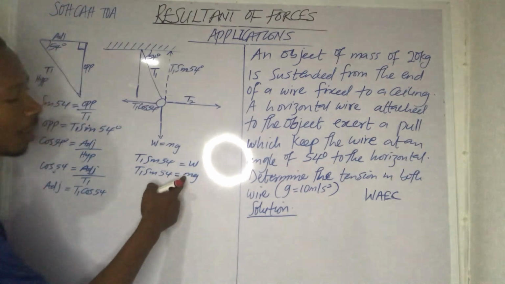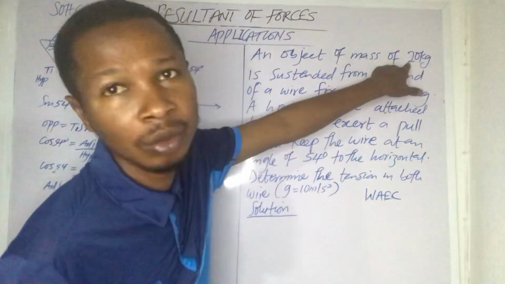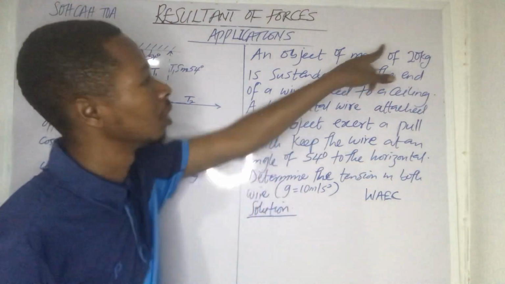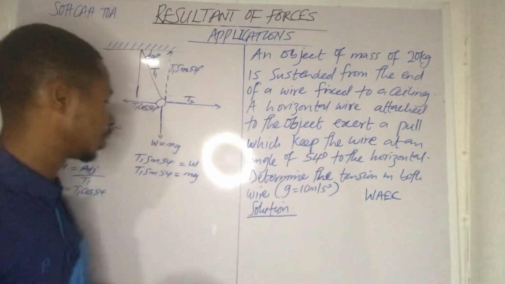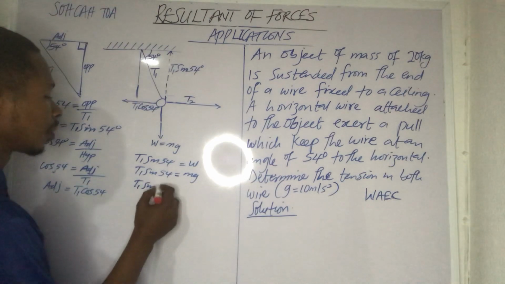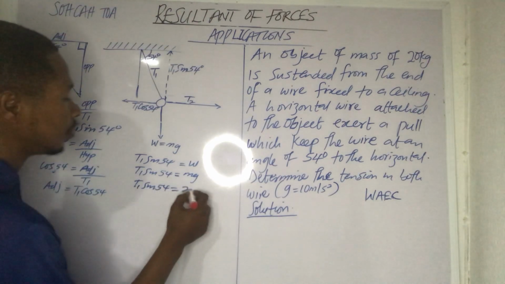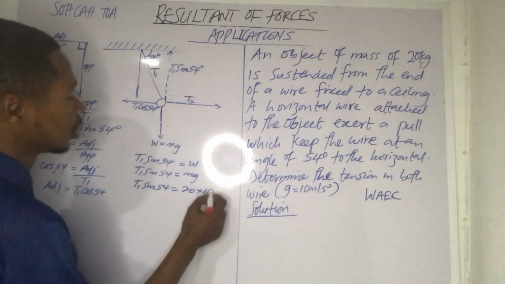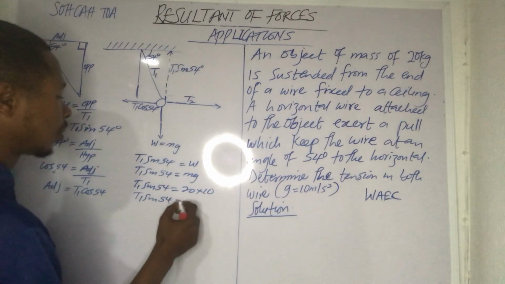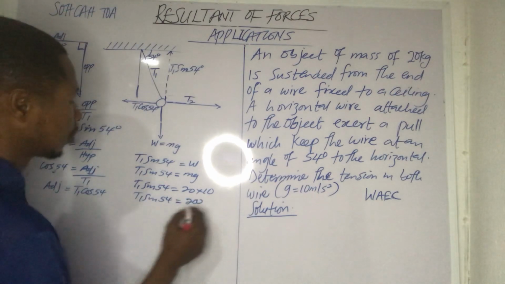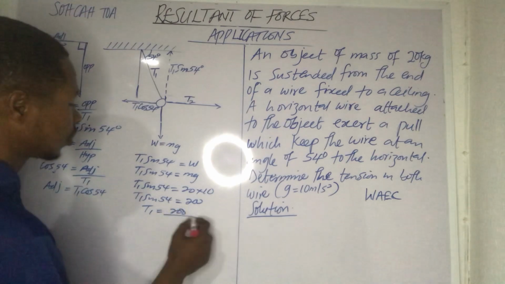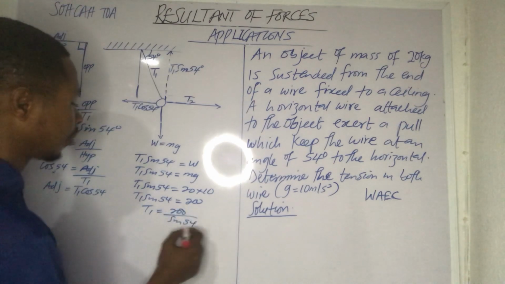Then the mass of the object is 20 kilograms, whereas our g is 10 meters per square second. If I substitute here, I will have T1 sine 54 is equal to 20 times 10. So T1 sine 54 is equal to 200. Then my T1, the tension in the first string, will be 200 over sine 54.